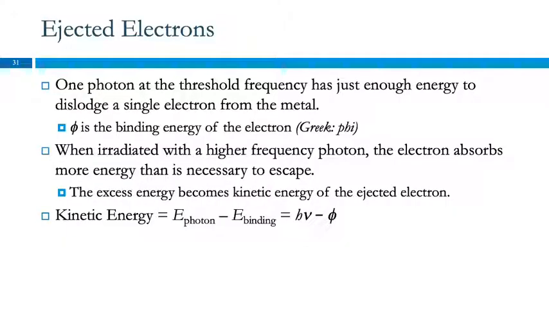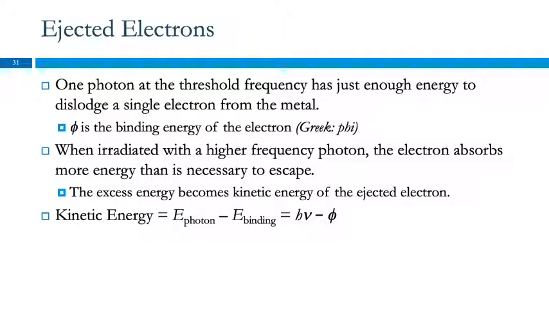So back to our photoelectric effect. When we have one photon that has that threshold frequency, remember frequency is related to energy, it has just enough energy to dislodge one electron.